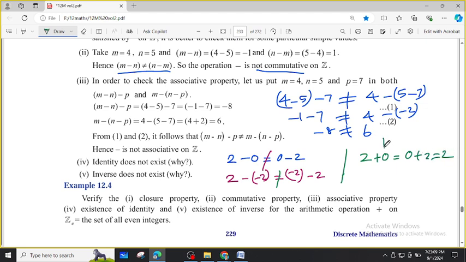So 0 is the additive identity, whereas 0 is not a subtraction identity. Similarly, minus 2 is the additive inverse, whereas minus 2 is not a subtraction inverse. So for subtraction over integers, there is no identity, there is no inverse. Understand?